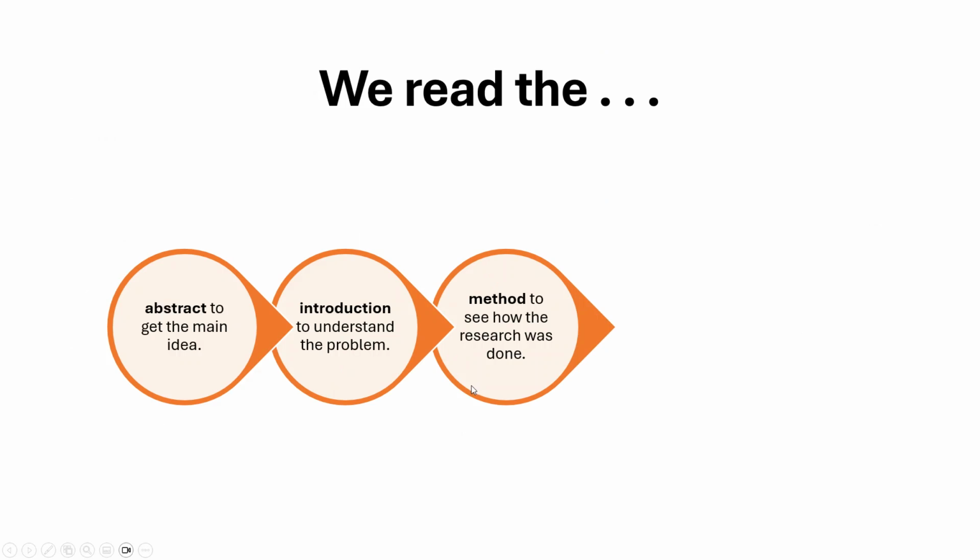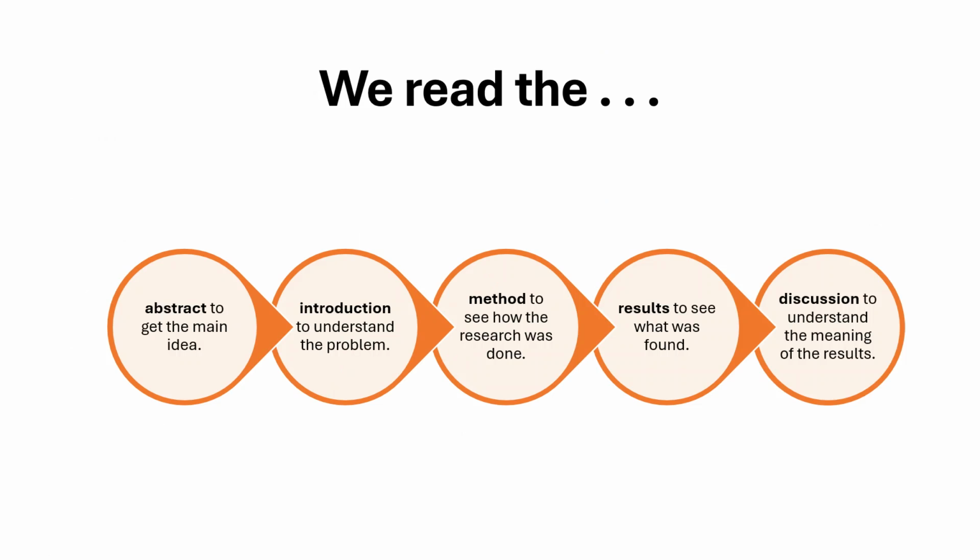The method then tells us about how the research was done, and the results come afterwards to see what was found out. And following that, there'll be some sort of discussion, perhaps conclusions and recommendations, to understand the meaning of all the results that have been collected.